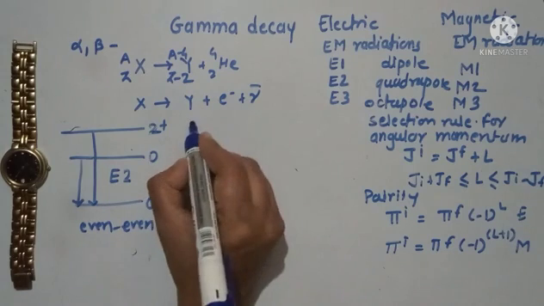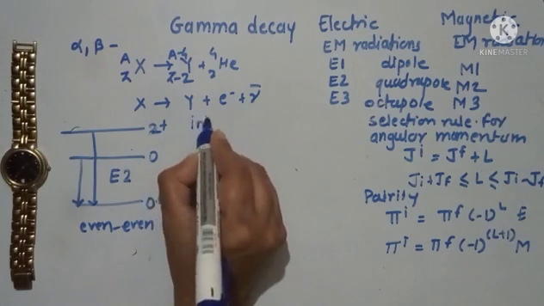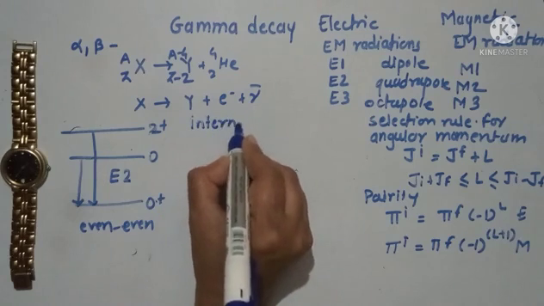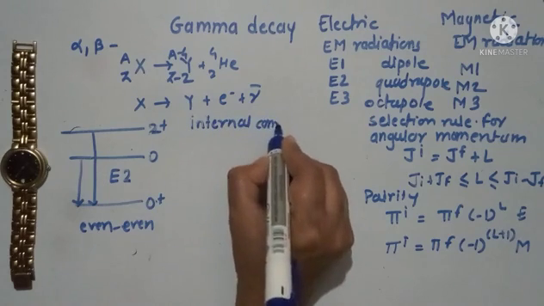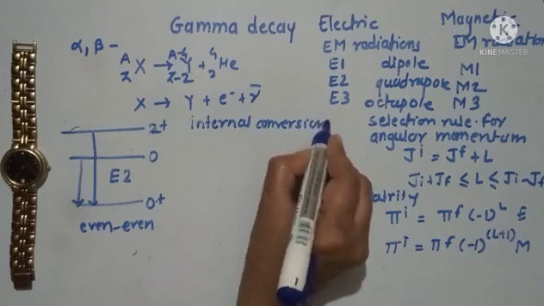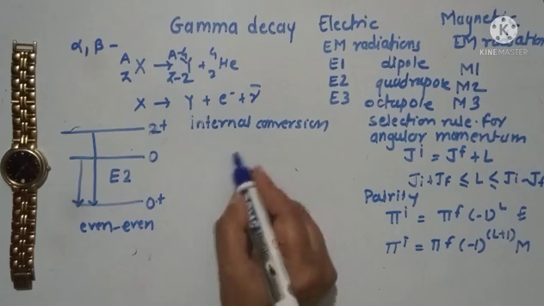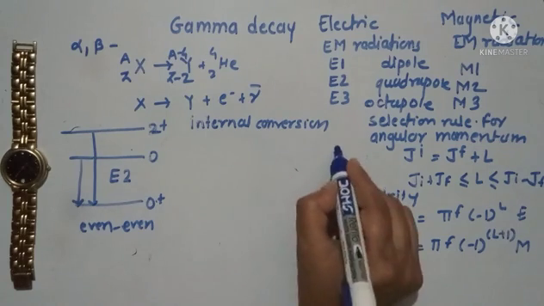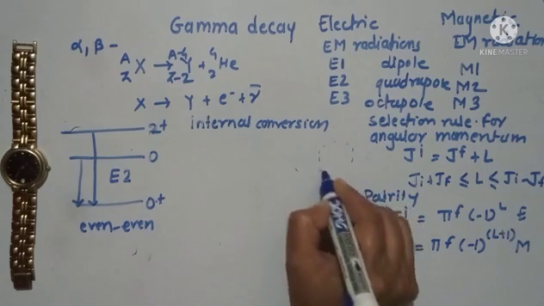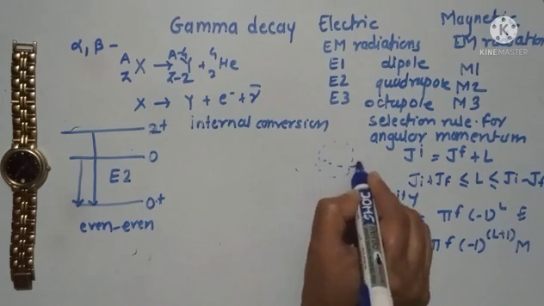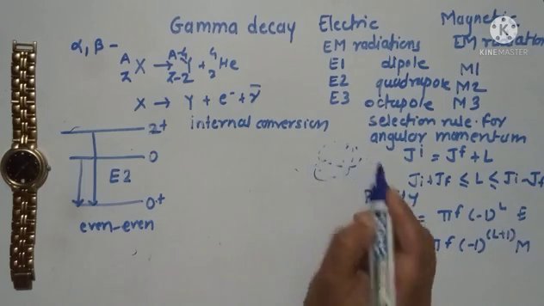In these cases, sometimes there is a possibility of internal conversion. We know that in quantum mechanics the nucleus is a quantum mechanical entity, and for most of the time the 2s electron wave function is present inside the nucleus.